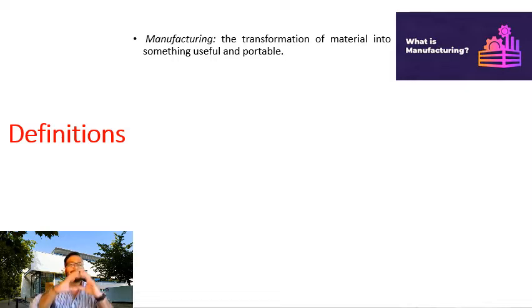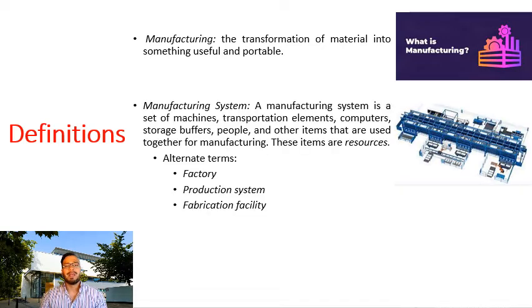Manufacturing is a transformation of the material into something useful and portable. Alternate terms are production, fabrication, and others. A manufacturing system is a collection of machines, transport elements, computers, storage buffers, people, and other items that are used together for manufacturing.